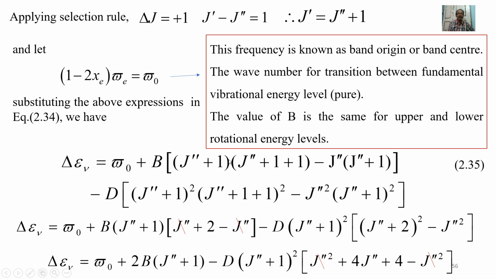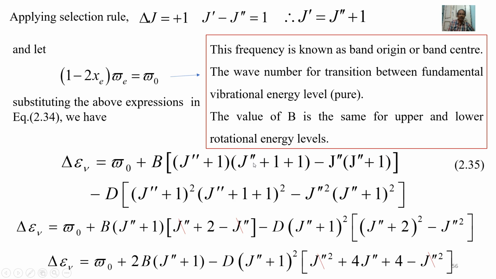So that will give us J double prime plus 1, J double prime plus 1 minus this one, this term already it is J double prime. So J double prime plus 1 minus D times this whole term. Now this omega naught, let it be like this. Just you pull J double prime plus 1 out. So that will give us, see here you are going to pull J double prime plus 1 out. So J double prime plus 1.